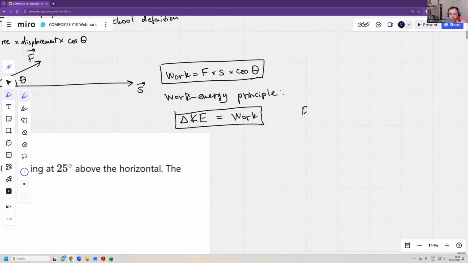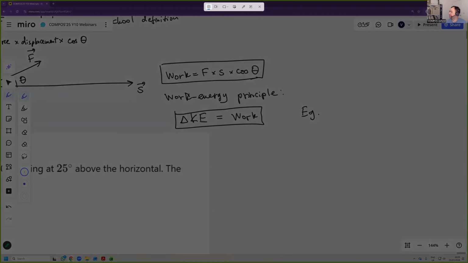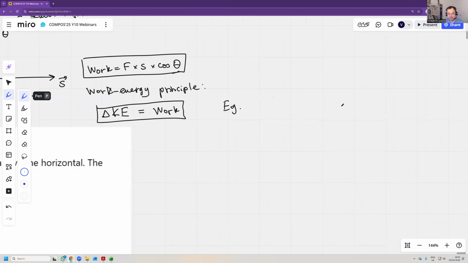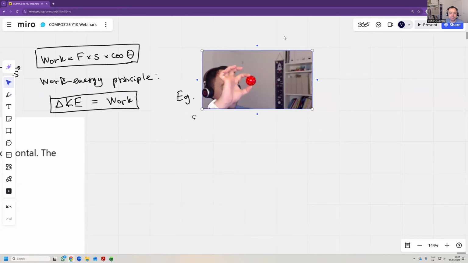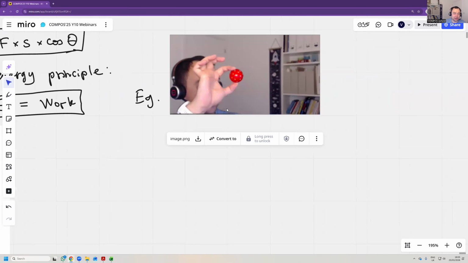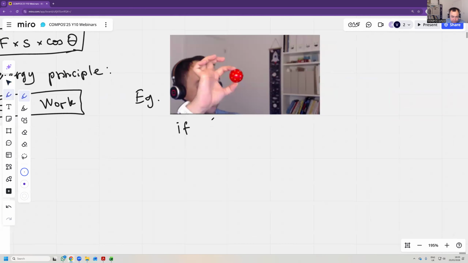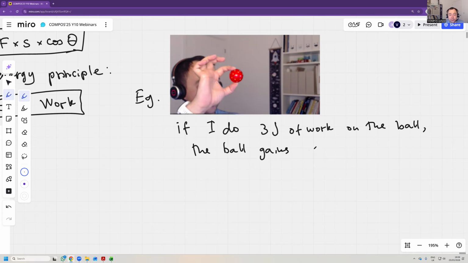Example. If I do 3 joules of work on the ball, the ball gains 3 joules of kinetic energy, assuming that no other force has done work on the ball.